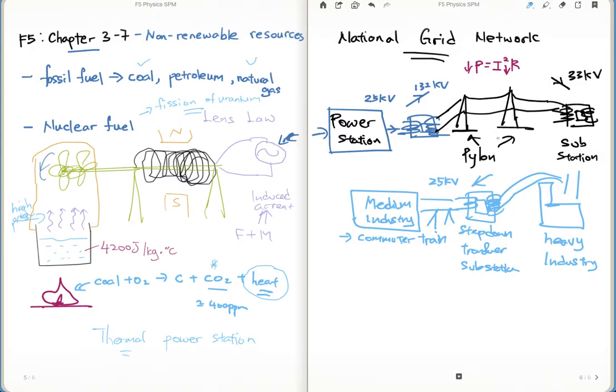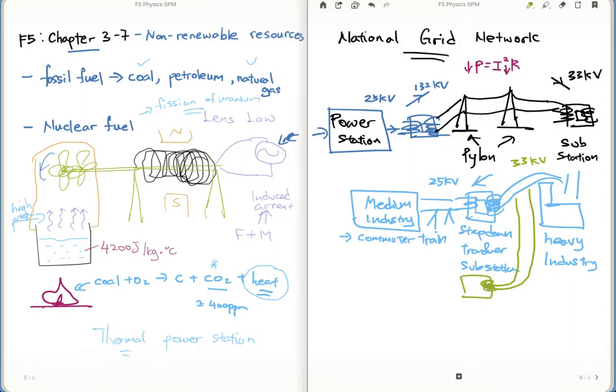And then where are we? I mean household. Then you step it down, isn't it? From 33. Now after 33, you will also be able to tap it here, 33, to another substation.